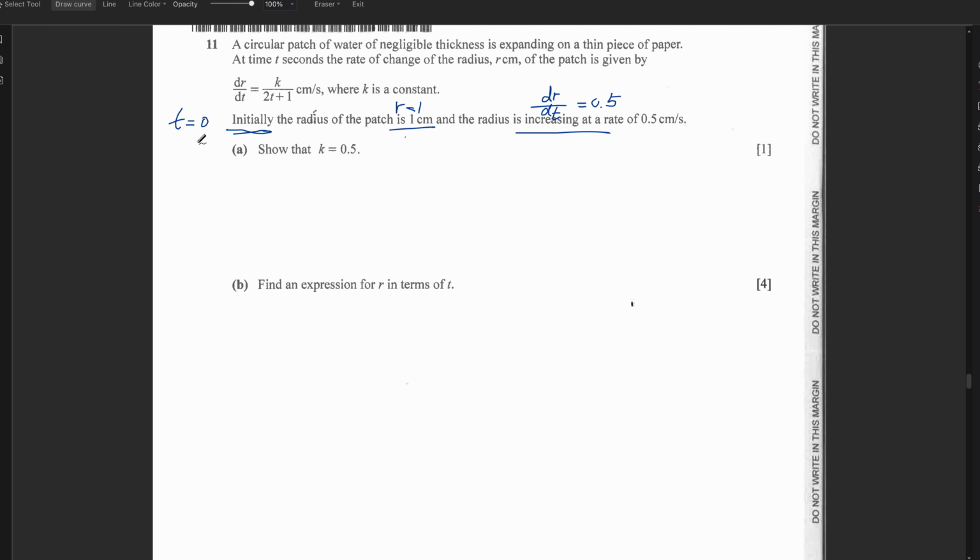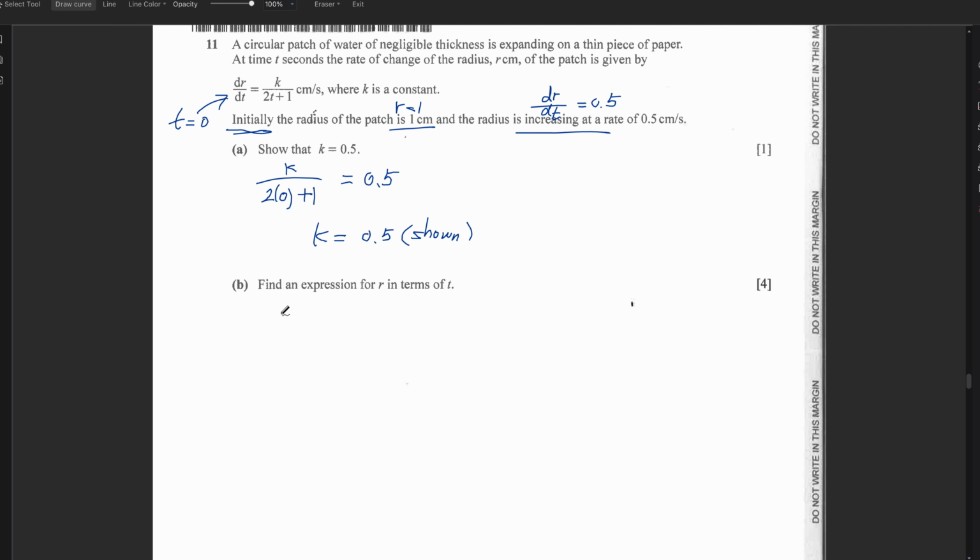That means when t is 0, dr/dt is 0.5. So we just sub in t equals 0 into this. We have k divided by (2 times 0 plus 1) equals 0.5. k divided by 1 is 0.5. k is 0.5. Shown.